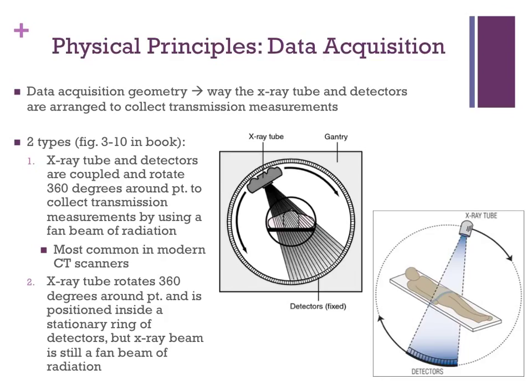So this image right here is the first one I described, the first type, where the tube and detectors are actually coupled together here, and then they together rotate around the patient. And then the picture right here describes where the X-ray tube rotates 360 degrees around the patient, but it's inside the stationary ring of detectors right here.